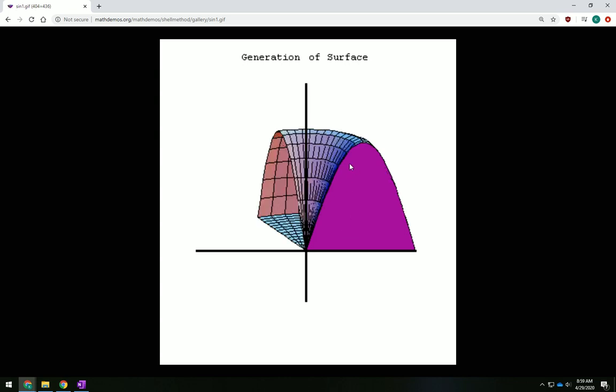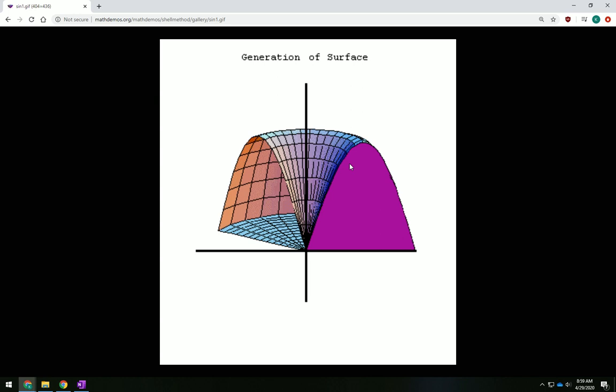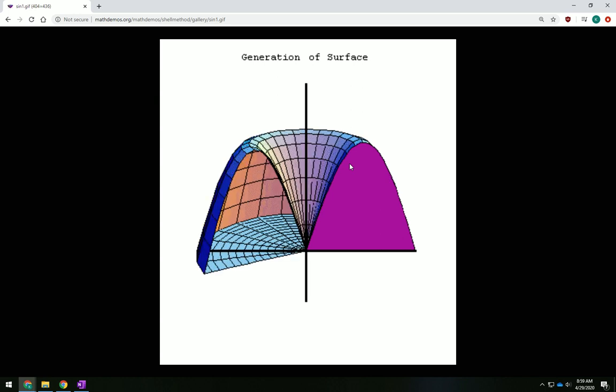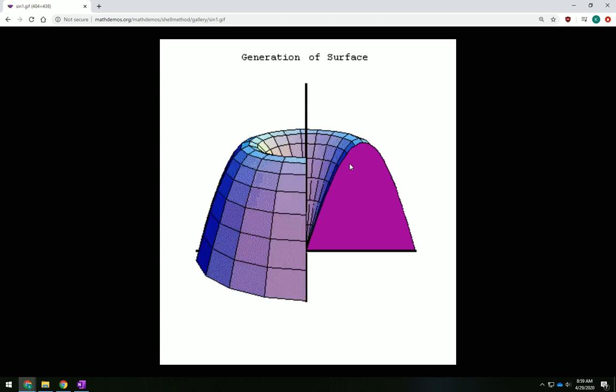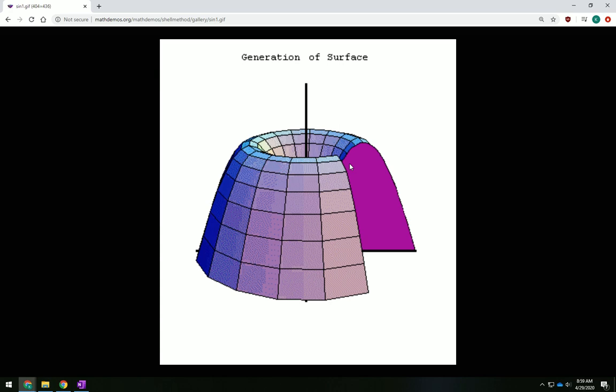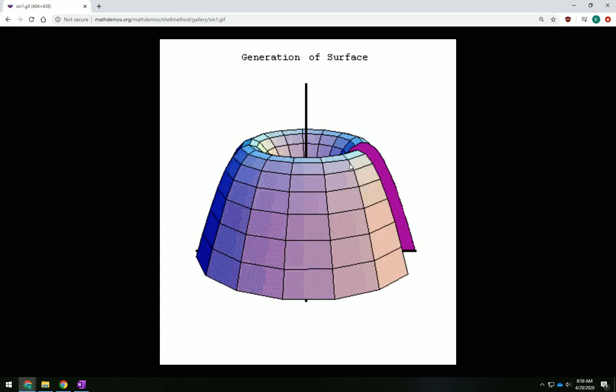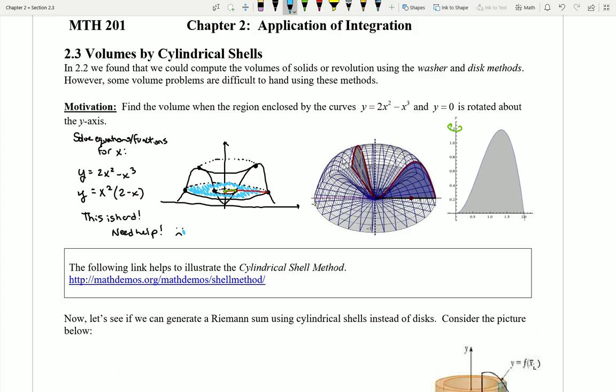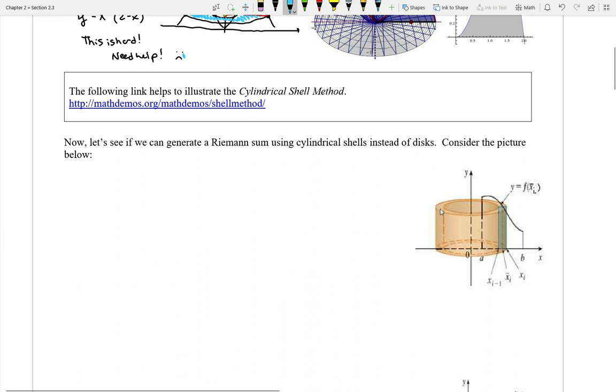So that original nested set of cylinders was close to this shape. It provided an approximation. And so what we would want to do is to be able to find the volume of those individual cylindrical shells, the ones that look like this picture down below. If I could find the volume of that, that would be great.